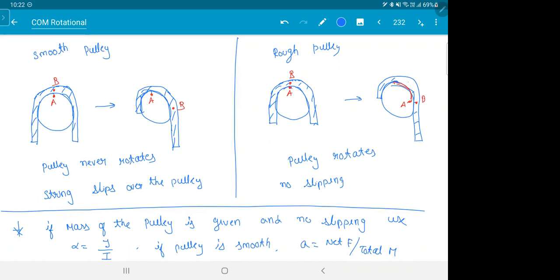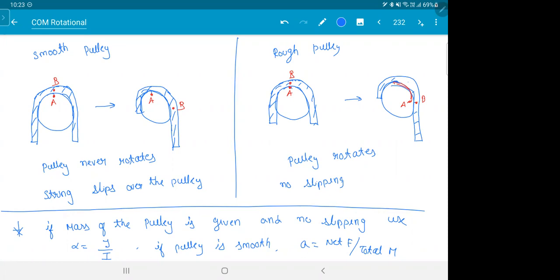Clear with this? So in real life, you will see the rough pulleys only.